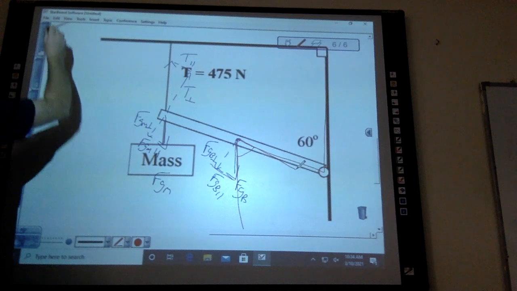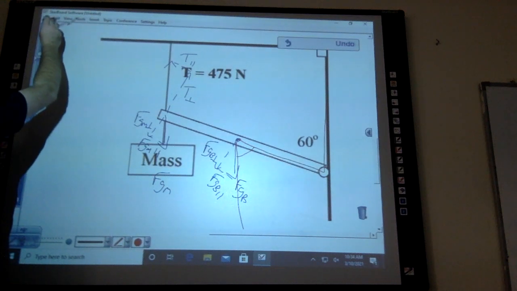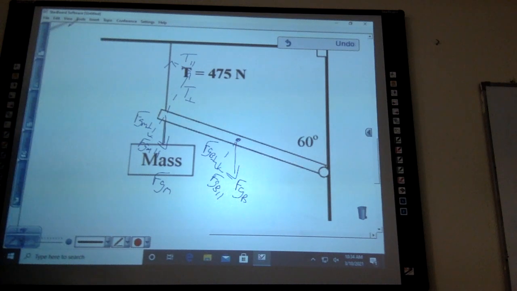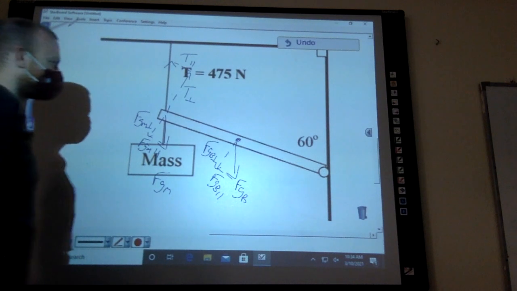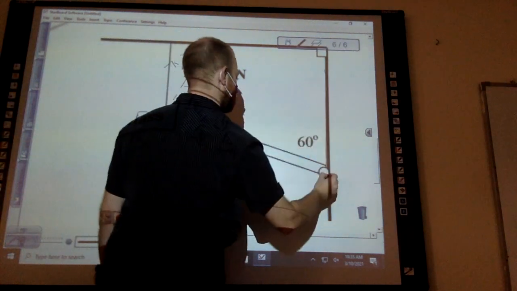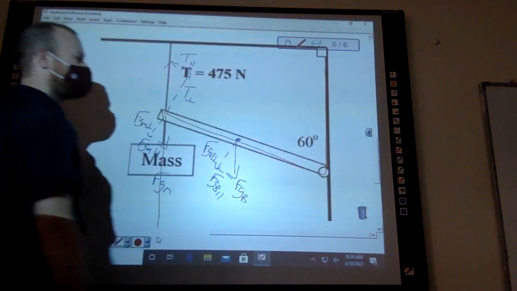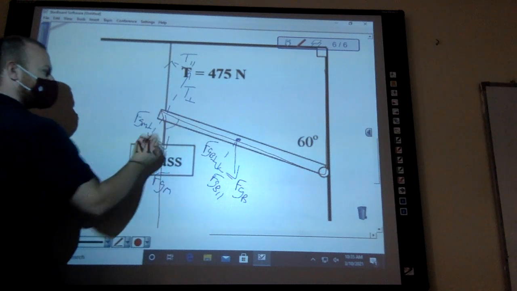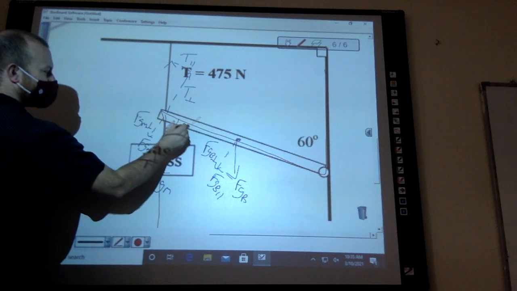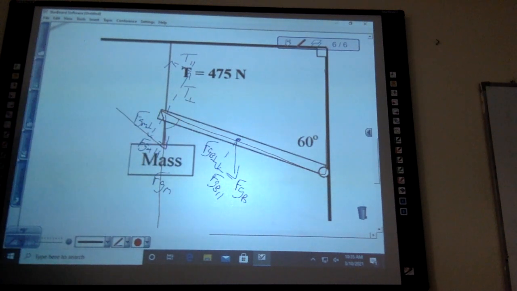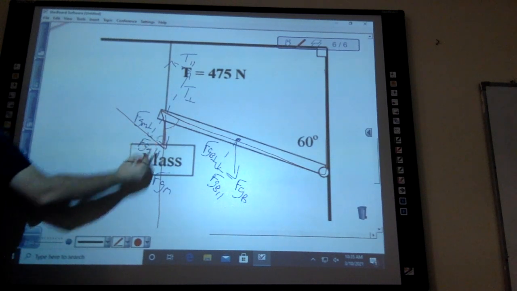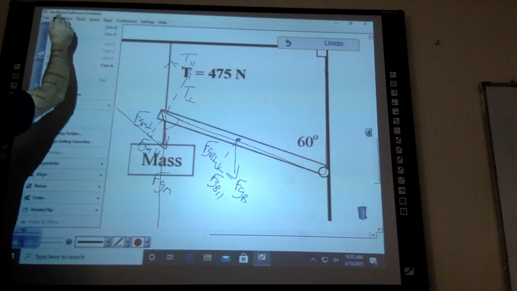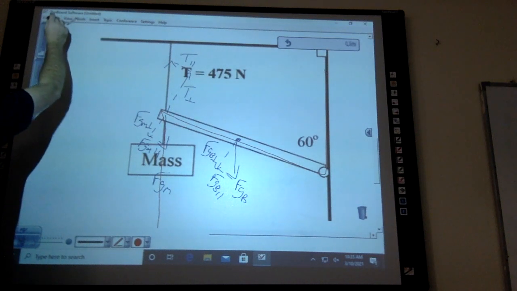I never draw them, but in my head, this is what I'm picturing. Hey, look, there's a Z, so this is 60. Hey, look, there's another Z, this is 60. That's just to make everyone confused.